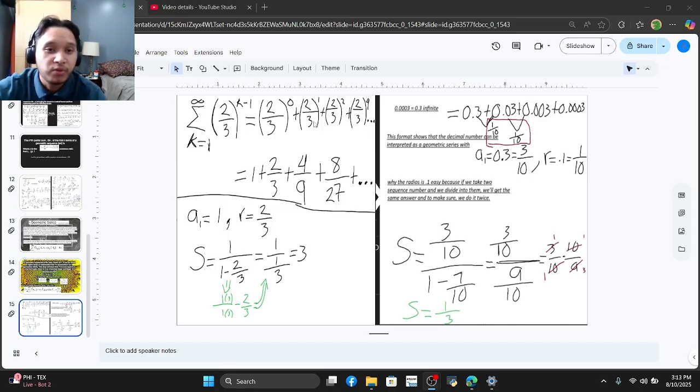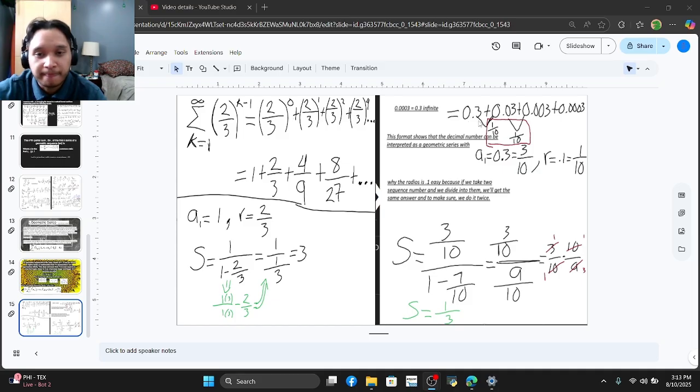In this case, we don't have a value in terms of the summation, but we want to know, if we keep adding 0.3 to infinity, what will be the number?